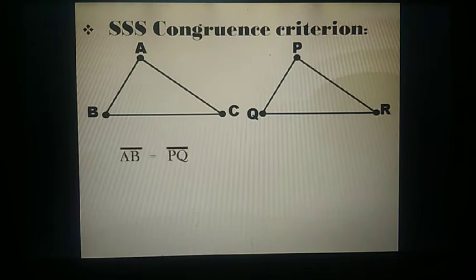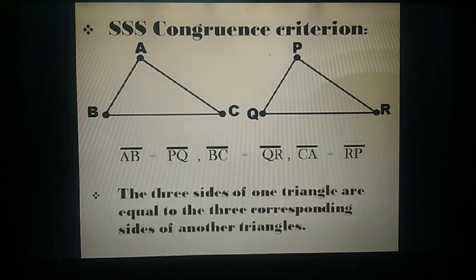Finally, we can write that AB is equal to PQ, BC is equal to QR, and CA is equal to RP. Here all the sides are equal to the corresponding sides in the other triangle. So the conclusion is the three sides of one triangle are equal to the three corresponding sides of another triangle.